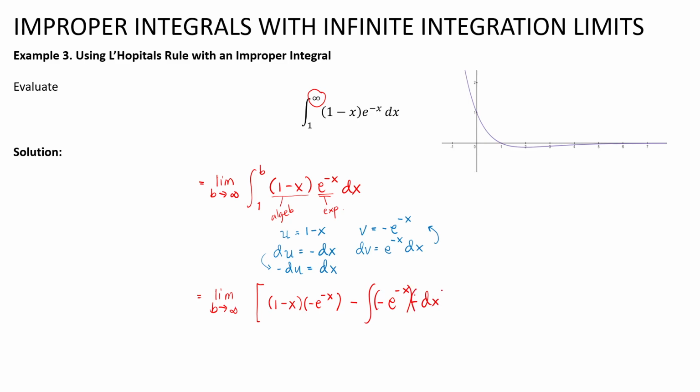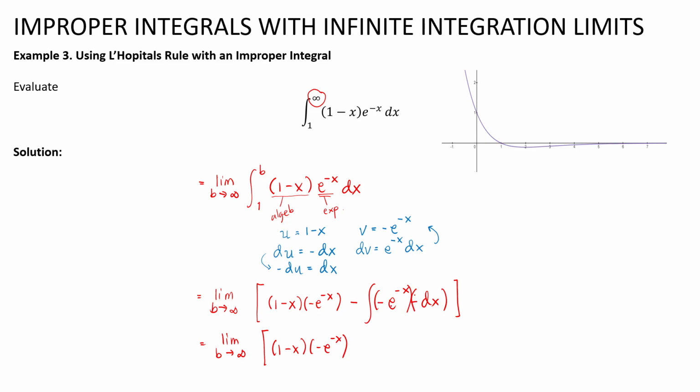So a lot of negatives. So simplifying this one further, we're going to have the limit as b approaches infinity, and then this becomes 1 minus x times negative e raised to negative x.